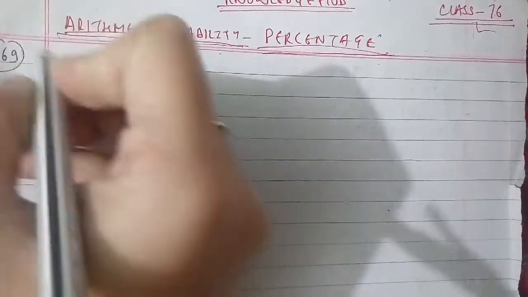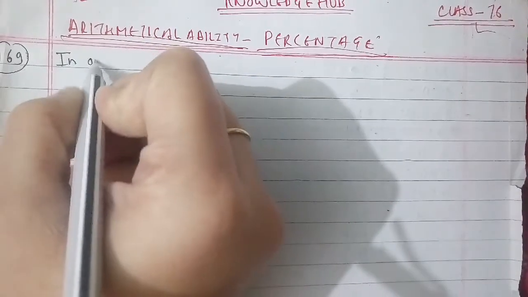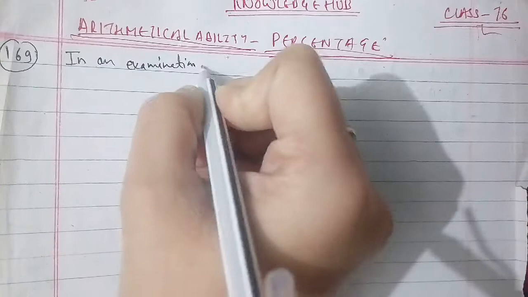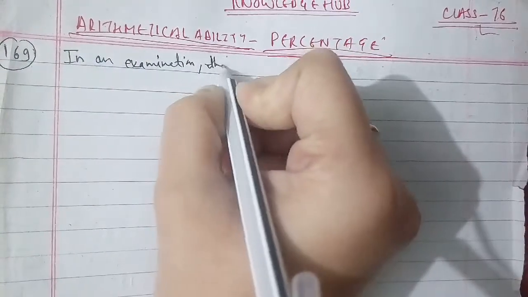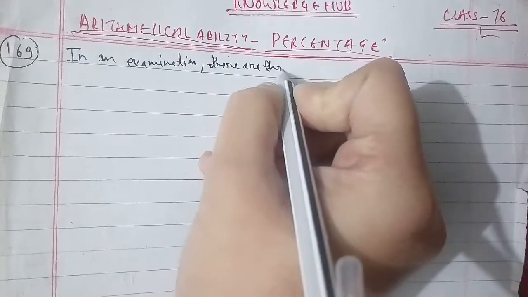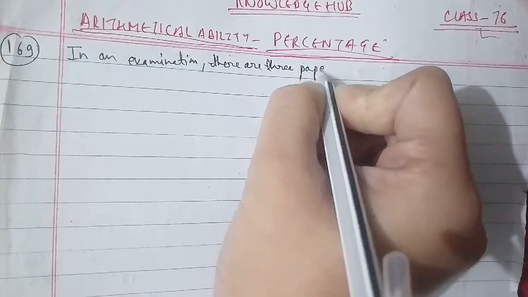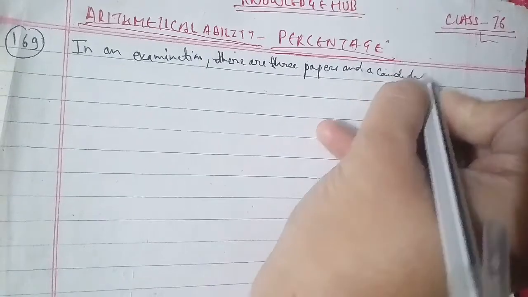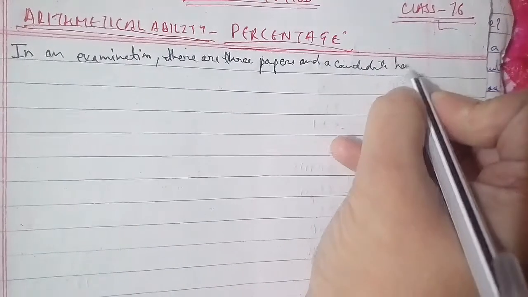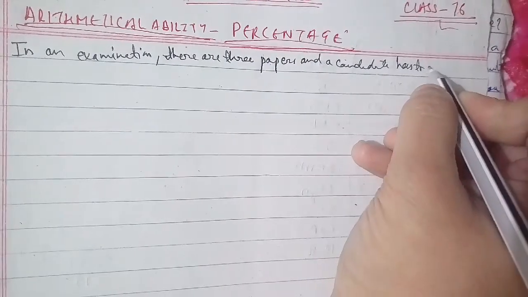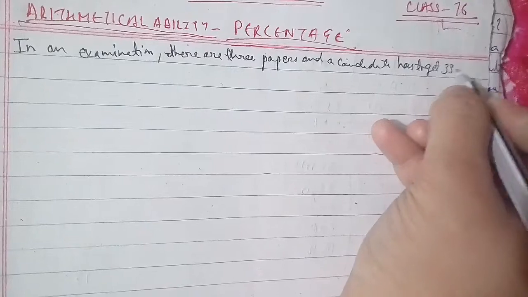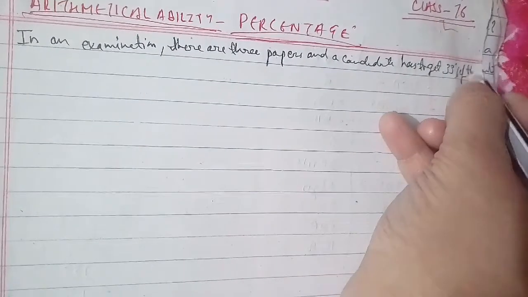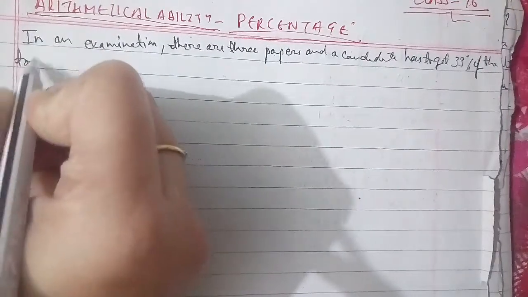In an examination there are 3 papers and a candidate has to get 35% of the total to pass.